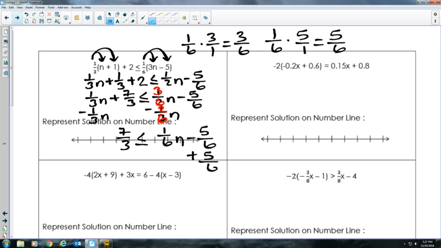Okay, I'm going to add 5/6 to both sides. Again, I need to have my common denominator, so I'm going to make this 14/6 plus 5/6 is 19/6 is less than or equal to 1/6 n.